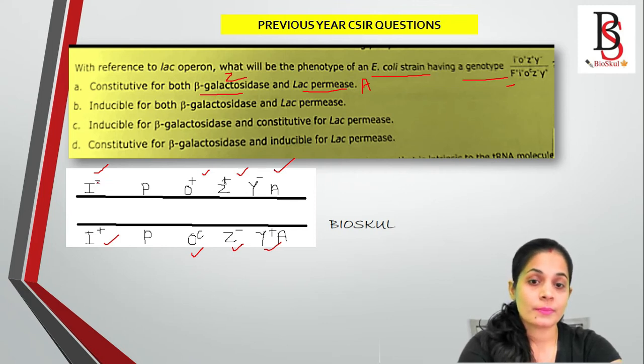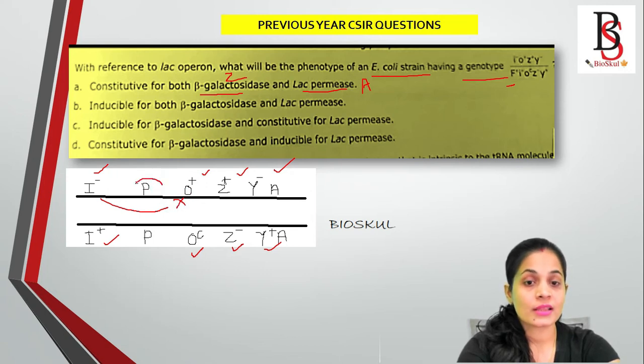So in the first pair, the E. coli chromosome, the I gene is mutated. If it is mutated, then it will produce the mutant repressor. The mutant repressor cannot bind to the operator region. Then the RNA polymerase will bind to the promoter region, and that leads to the expression of the gene.